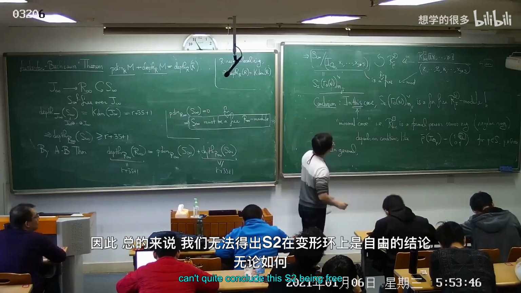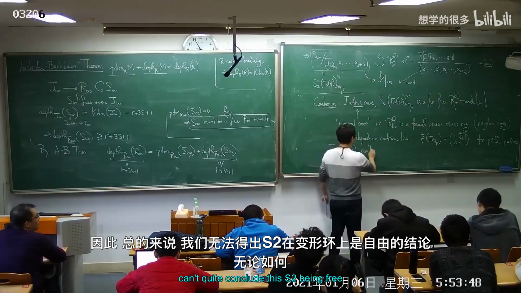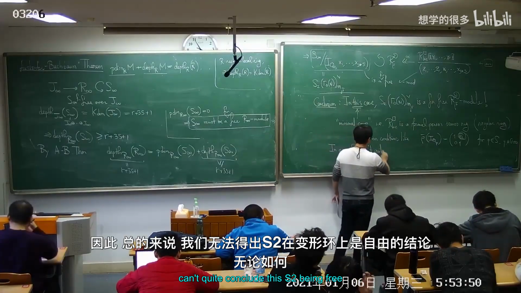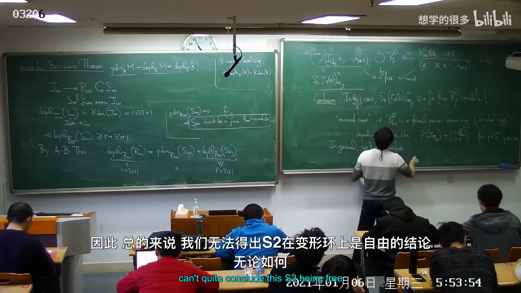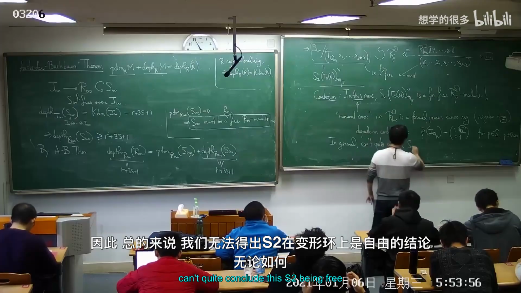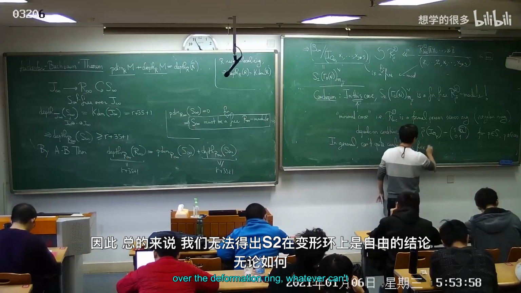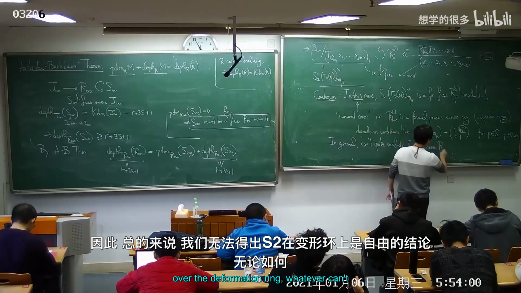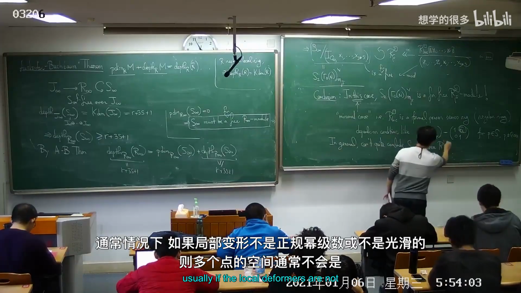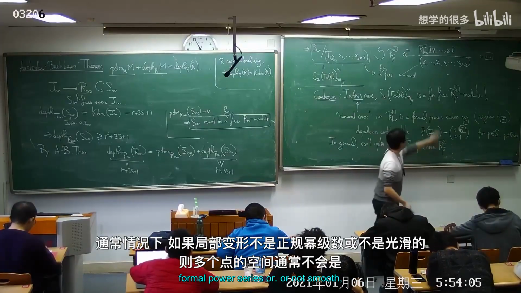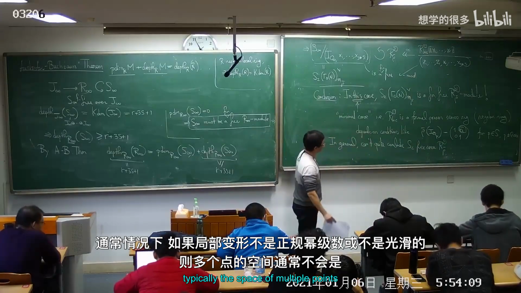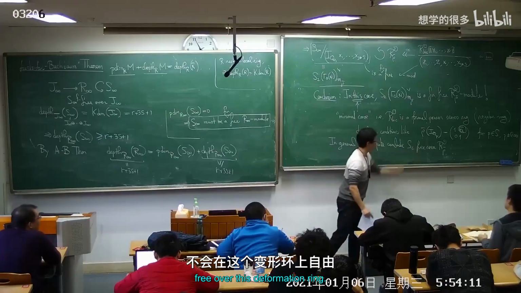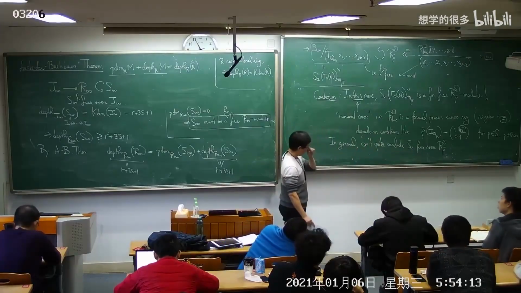we can't quite conclude this S2 being free over the deformation ring, whatever condition you put. Usually, if the local deformation rings are not formal power series or not smooth, typically the space of modular forms will not be free over this deformation ring.